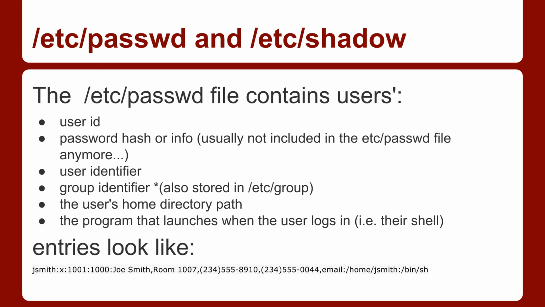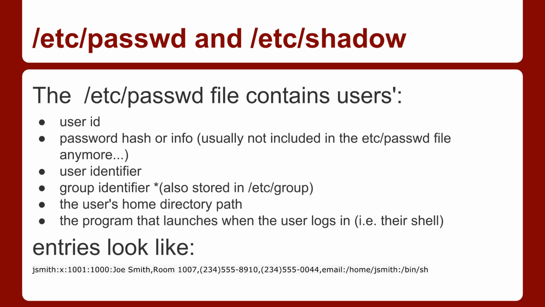So the most commonly talked about file when talking about permissions is the /etc/passwd file, in that the /etc/passwd file contains, for every user, the user ID. In old implementations, it would contain the password hash and info.